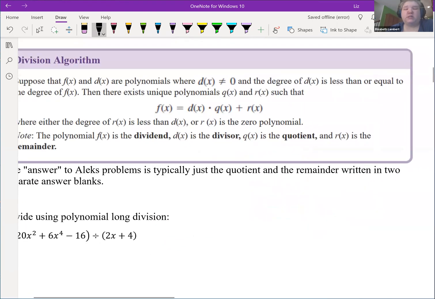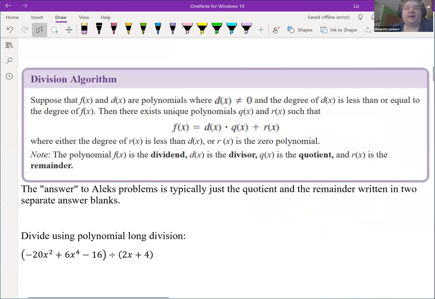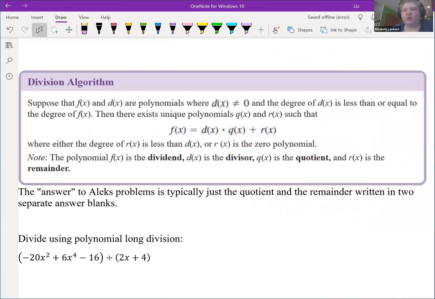But first, words. So here we have the same words I've been using. They are just more formally defined for us. So the dividend is the thing that we are dividing into. So it would often be the top of the fraction. So this might be written like up here.